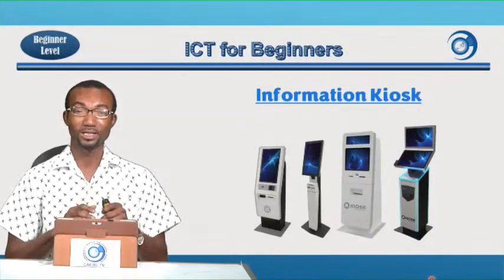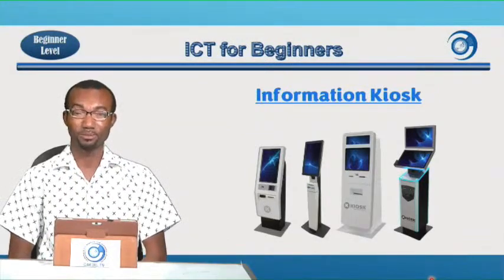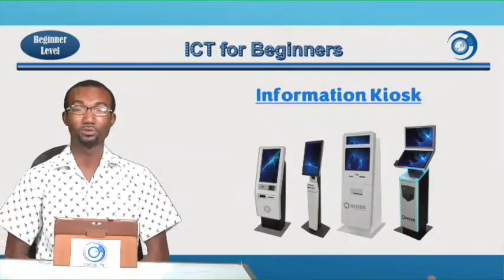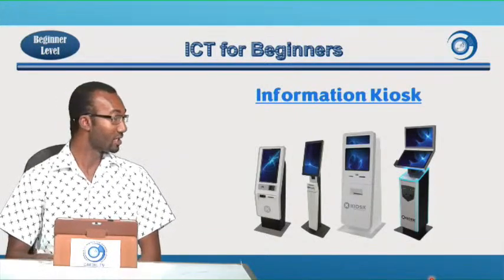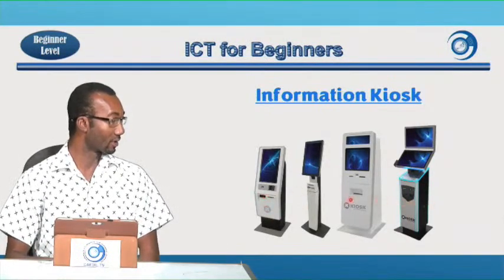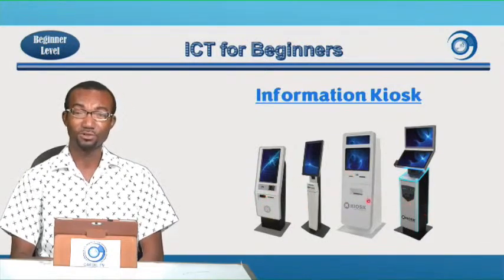So due to that, we normally position them at a specific place so that it will be easier and more comfortable to use. Another example is the information kiosk. What you see on your screen here is what we call the information kiosk. I believe you have come across these forms of computers before.